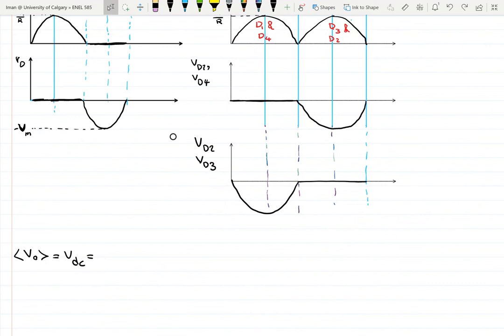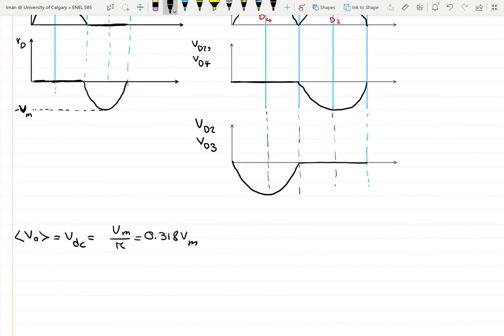We covered how we can find average and RMS values, so I'm just going to write the end answer for these values. For the half wave this would be Vm divided by pi, 0.318 Vm.